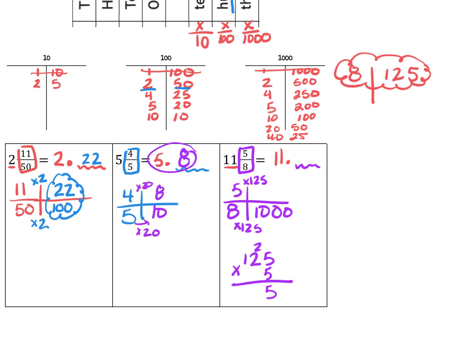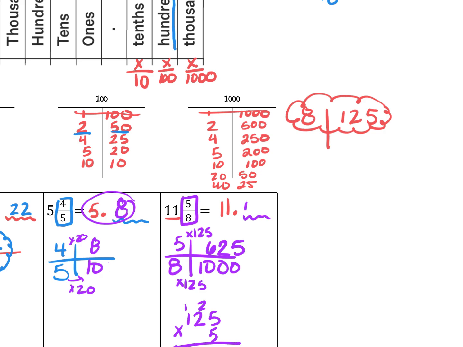So there's a 5, carry the 2. 5 times 2 is 10, plus the 2 is 12, carry the 1. 5 times 1 is 5, plus the 1 is 6. So we get 625 out of 1,000. So this means 11 and 625 thousandths. You have to make sure that it ends in the thousands place, okay?